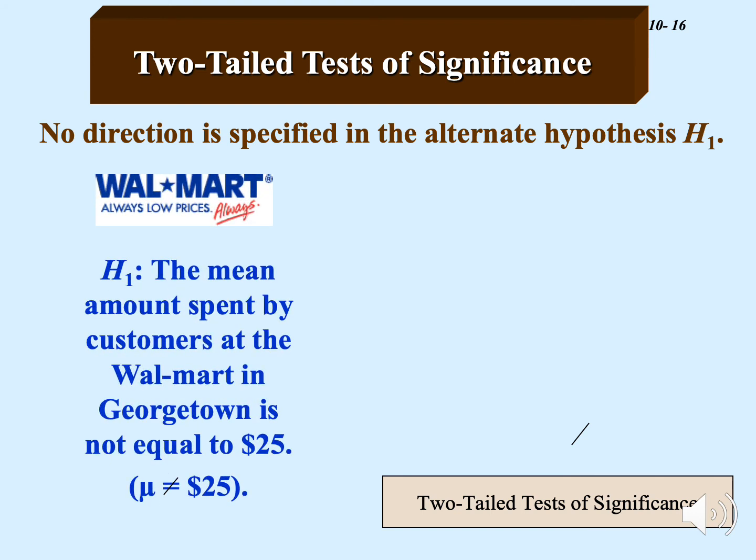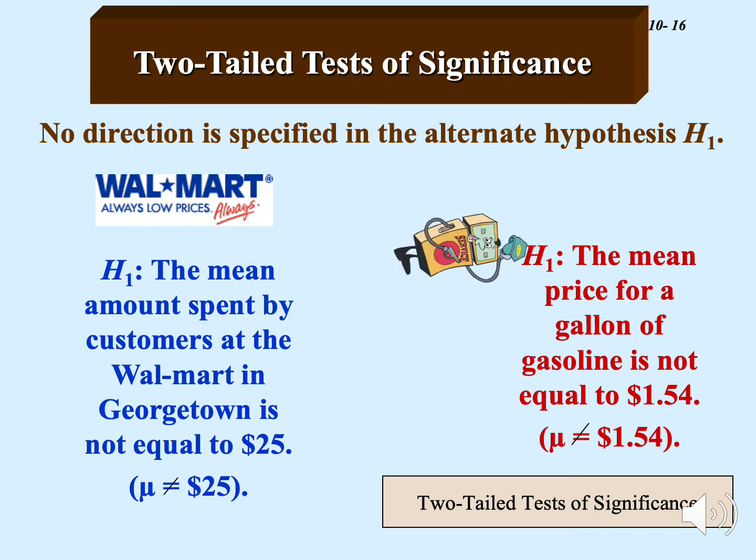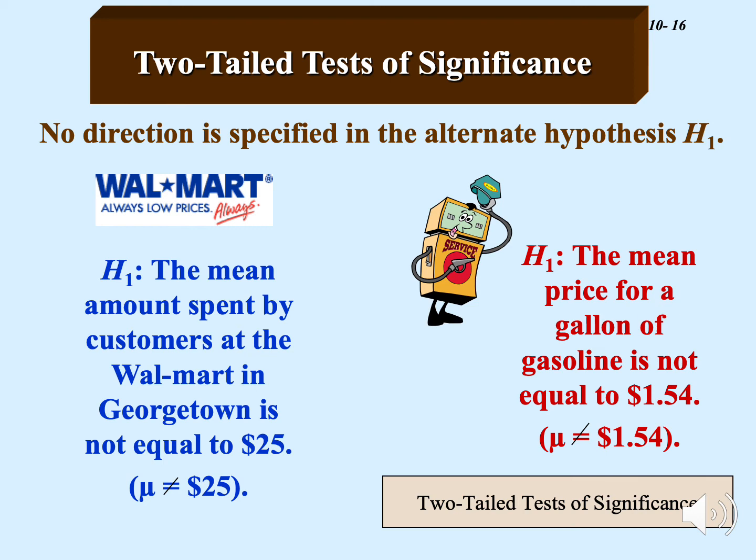The mean amount spent by customers at Walmart in Georgetown is not equal. So not equal to means it's either greater than or less than. So it is two-tailed, two-directional. Or you would say the average price of a gallon of gasoline is not equal to $1.54, so it is two-directional.